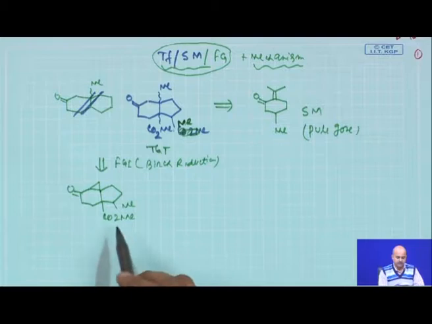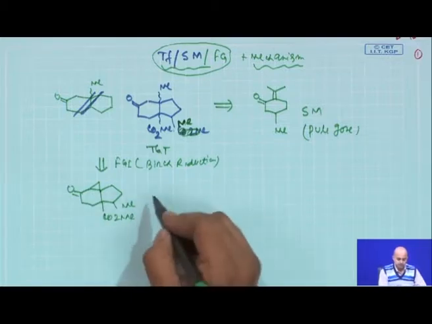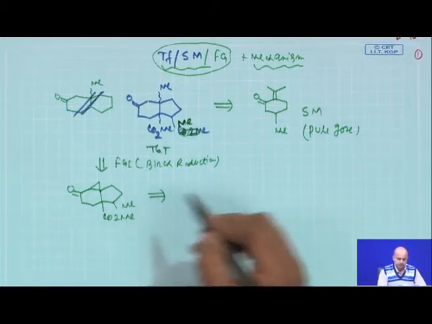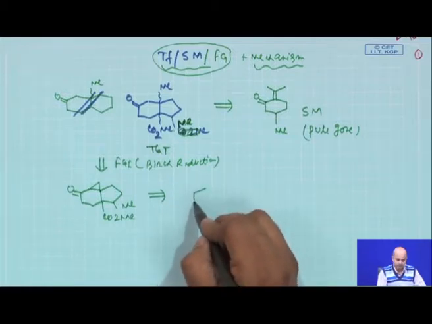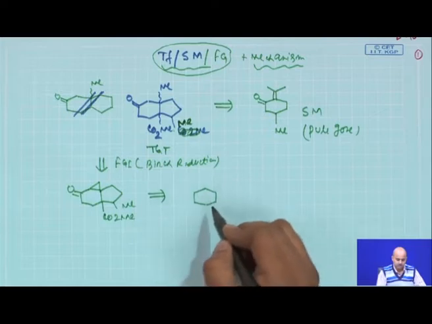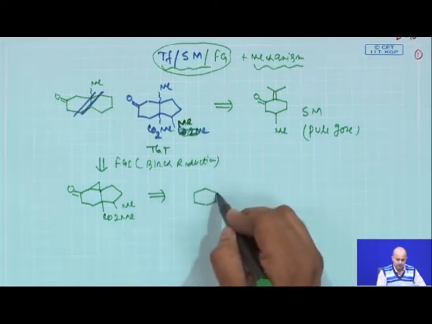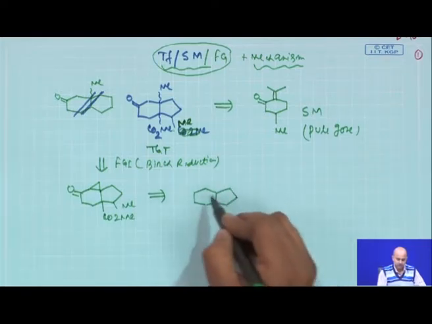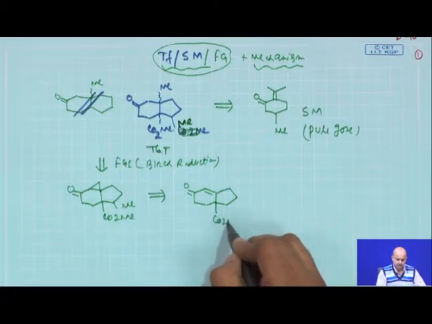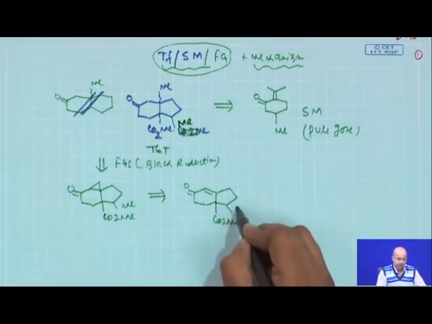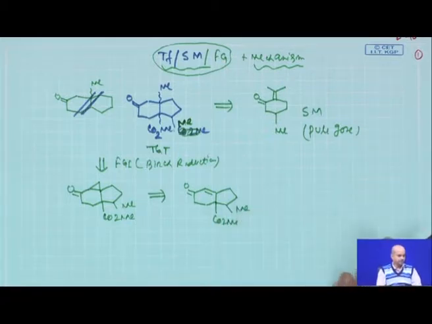Okay. And we said this cyclopropane can easily be constructed through a Simmons-Smith kind of cyclopropanation. So, now try to get these things and this methyl.